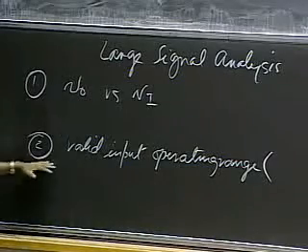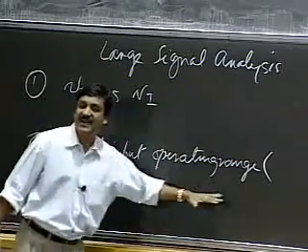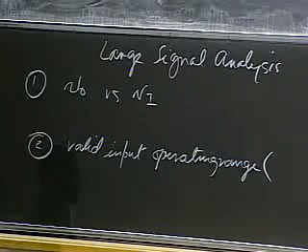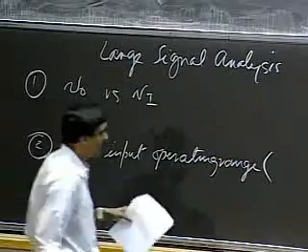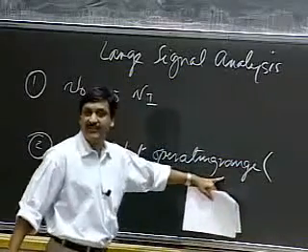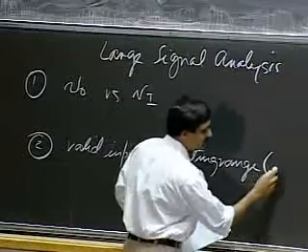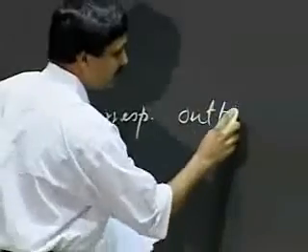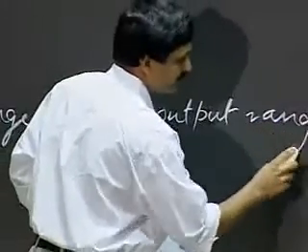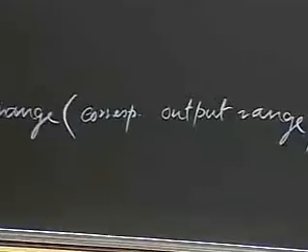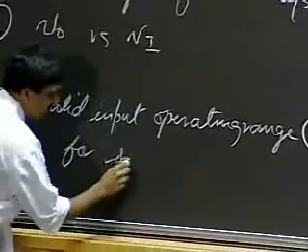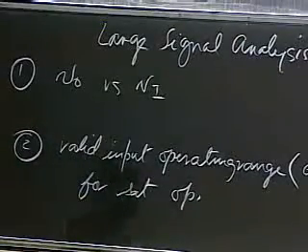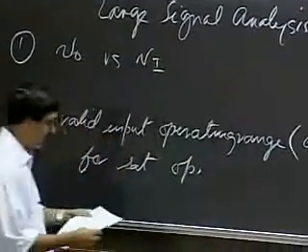Now the question is, what is a valid set of input voltages that would operate the circuit in a way that I would be in saturation? So find out the valid input range, and this would give me a corresponding output range for saturation operation of the MOSFET. That's what we will dwell on in the lecture today.